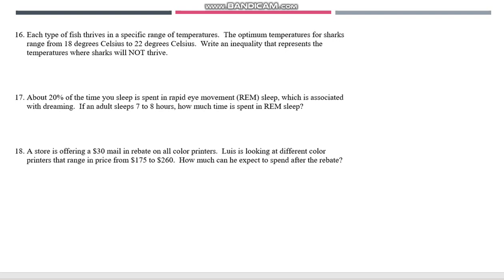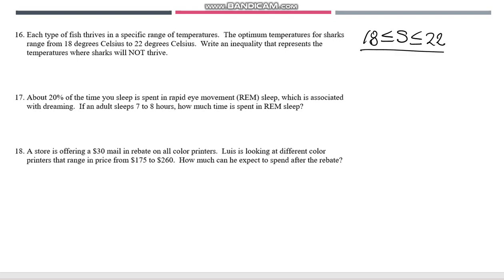The optimum temperatures for sharks range from 18 degrees Celsius to 22 degrees Celsius. So then, let's say the optimum temperatures for sharks is from 18 degrees to 22 degrees, right? They're including when you say from and to. And write an inequality that represents the temperature where sharks will not thrive.